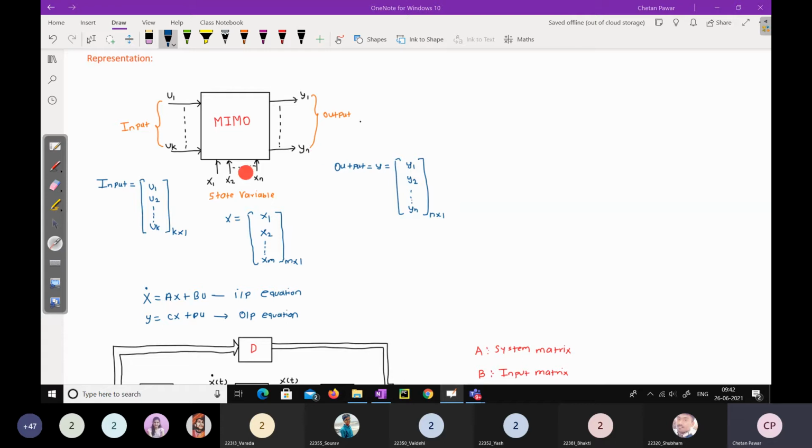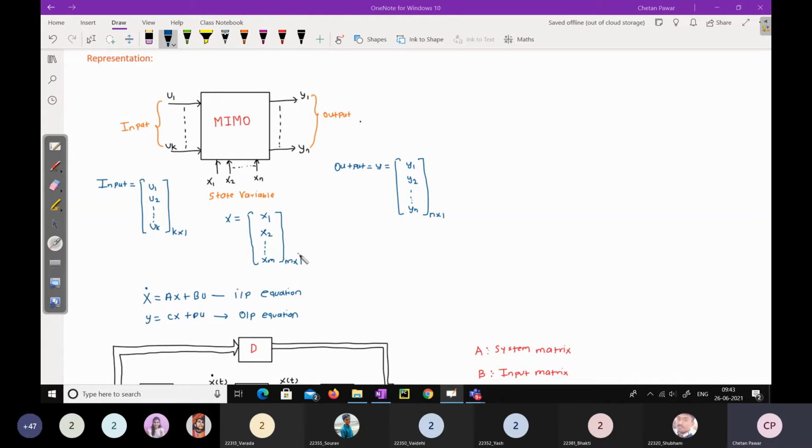If you want to observe the state variables, there are techniques like the built-in self-test we use in IC design, but that is not a point of discussion here. So these are the internal states. If you want to represent that in vector form, the input will be from U1 to UK, and the state will be from X1 to XM.